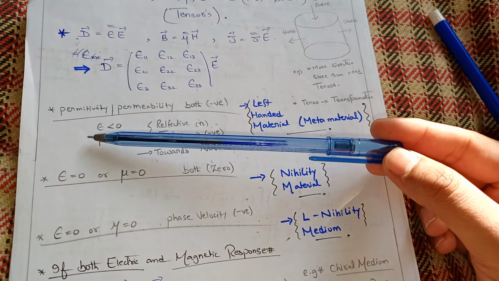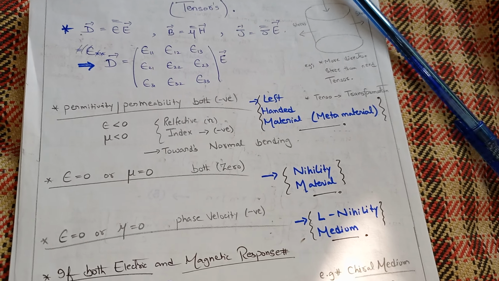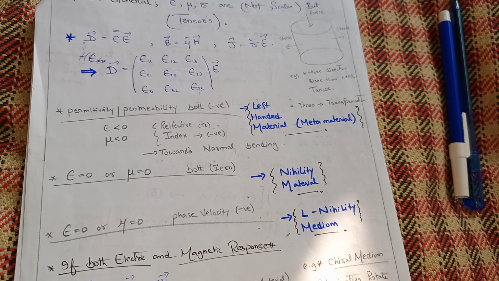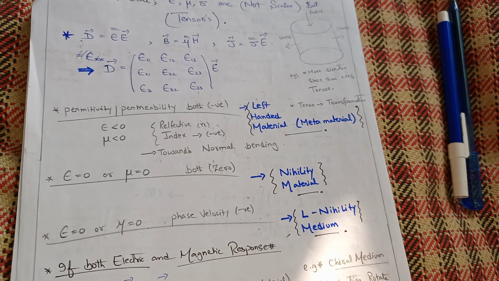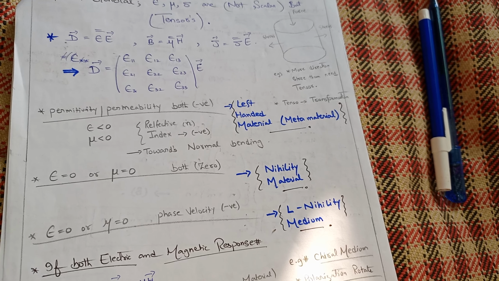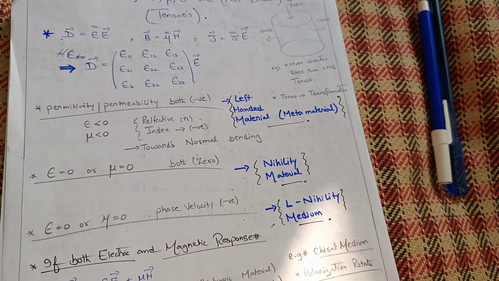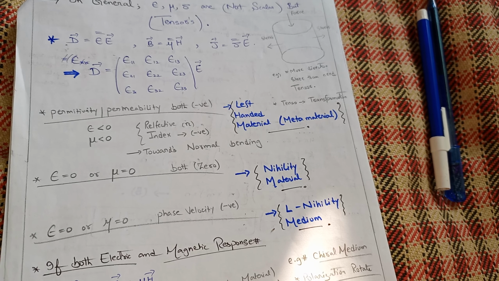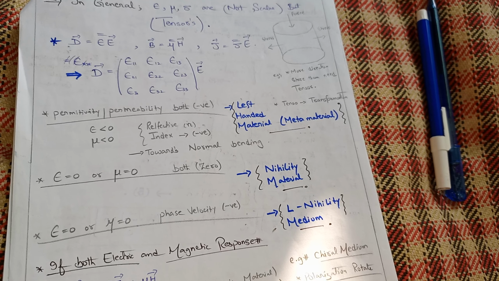Now let's see the relationship of permittivity and permeability. If permittivity and permeability are both negative, smaller than 0, then your refractive index is also negative and light bends towards the normal.